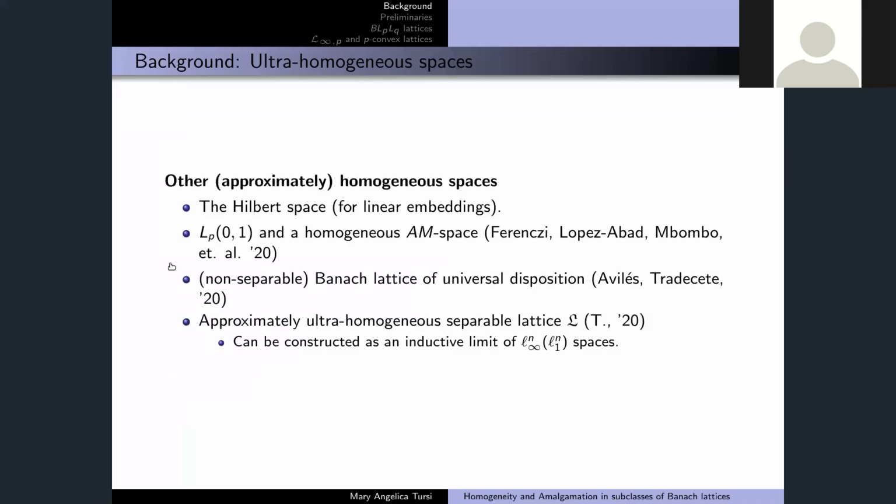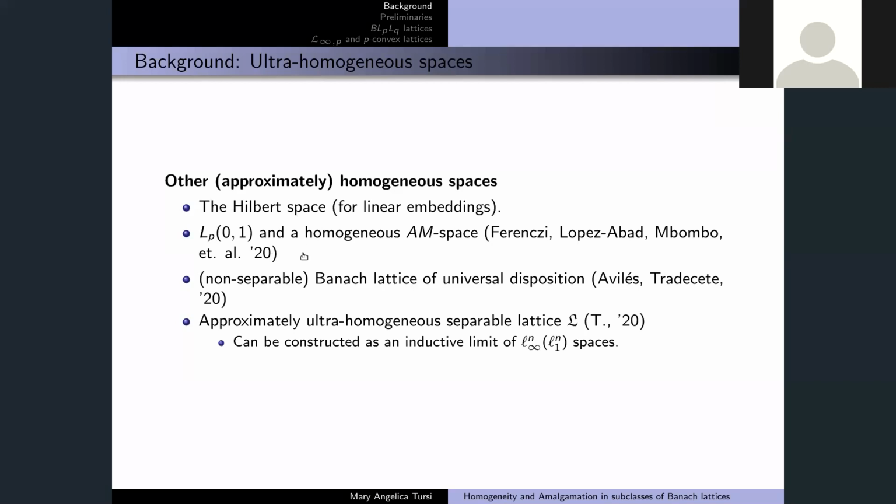If you limit yourself to L_2^n, you have the Hilbert space as ultrahomogeneous, and not just approximately. You can have full commutativity and actual isometric embeddings for the Hilbert space.